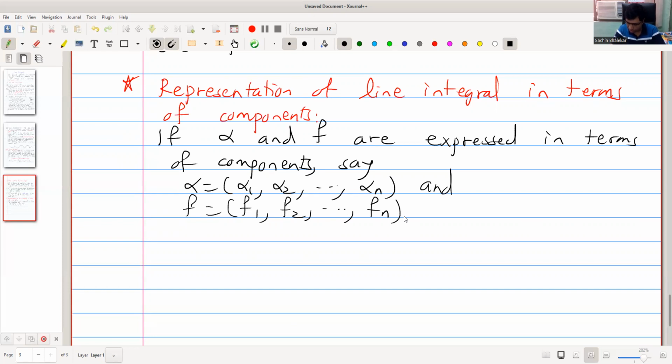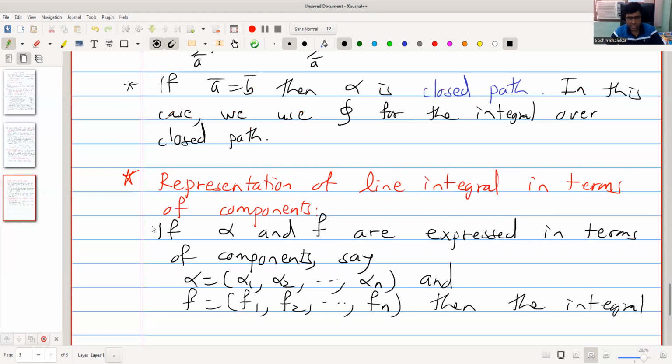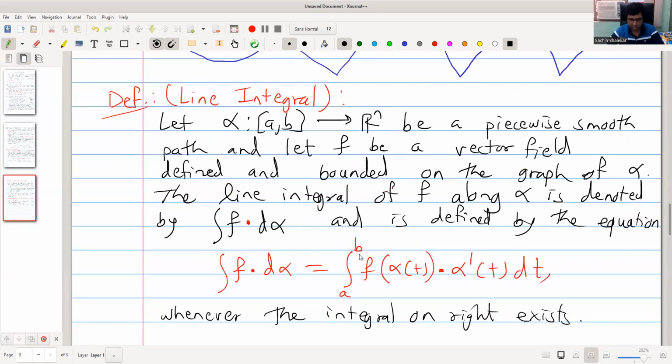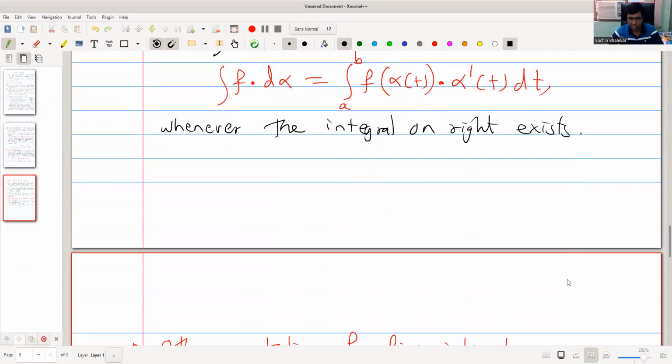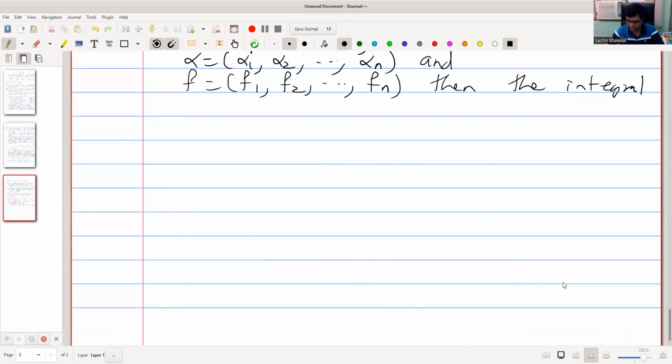Then the integral on the right side of this definition, that means the integral from a to b of f of alpha of t dot alpha dash t dt. So let us see.